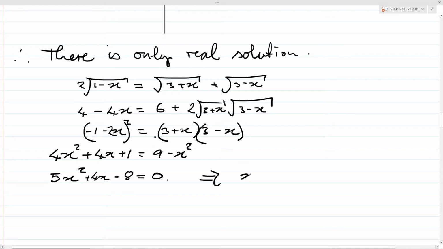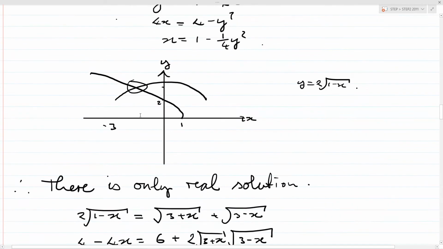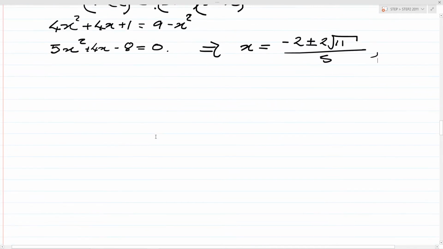So we're just going to do that, and I've already simplified it a little bit. And what you'll find is that you're going to get x is equal to negative 2 subtract 2 times root 11 over 5. And notice it's plus or minus, obviously. However, we're only concerned with the negative value because that corresponds to this one here.